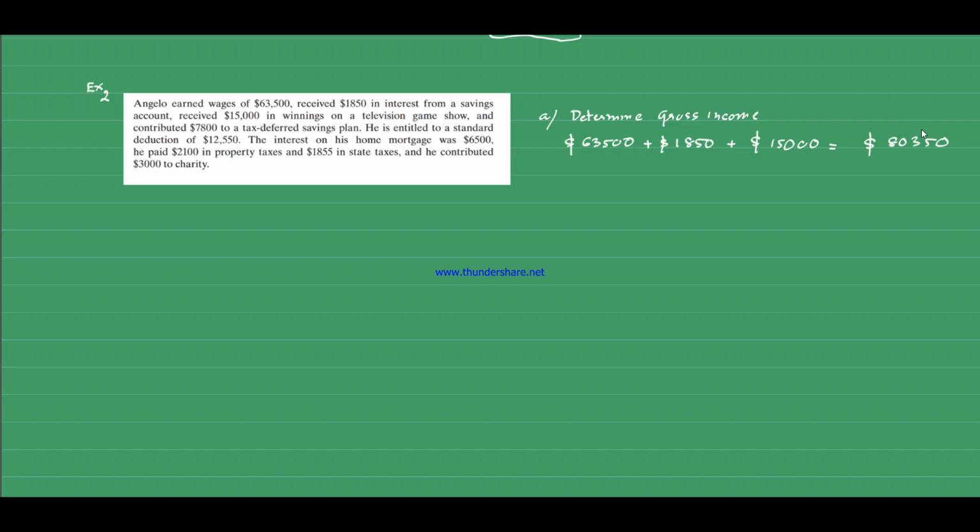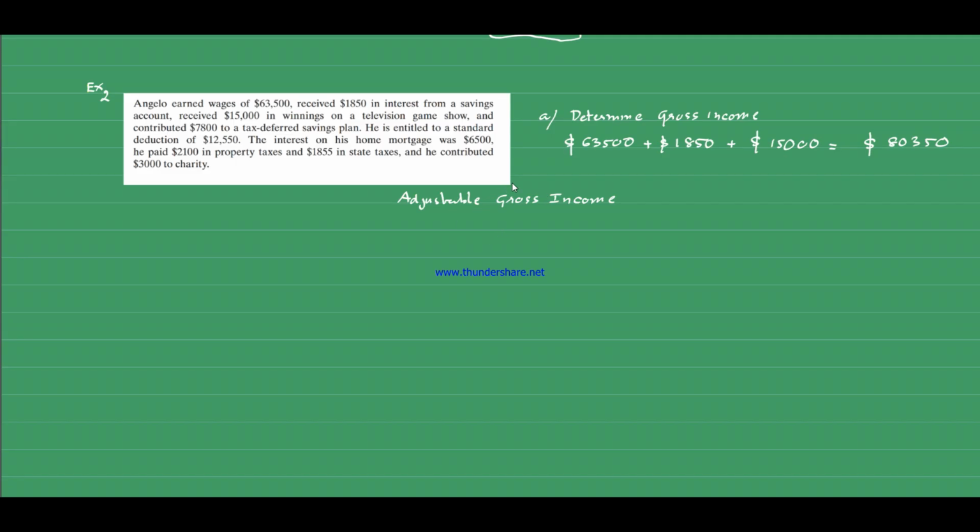That's the gross income, but we need to calculate the adjusted gross income too, because in order to calculate the taxable income, we need to calculate everything.